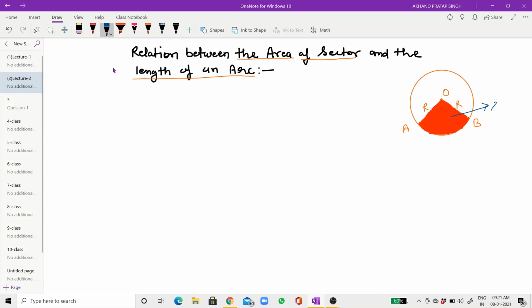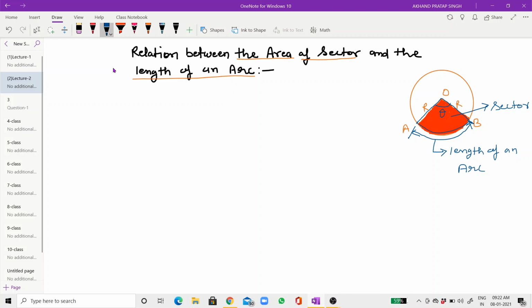In between these two radii, it makes angle theta. So this portion is a sector, and the length from point A to B on the circumference is called the length of an arc.